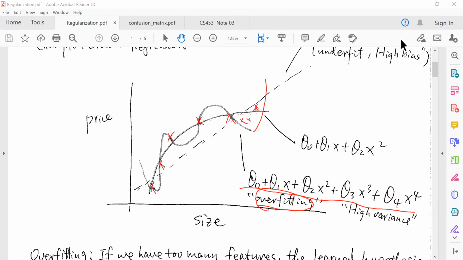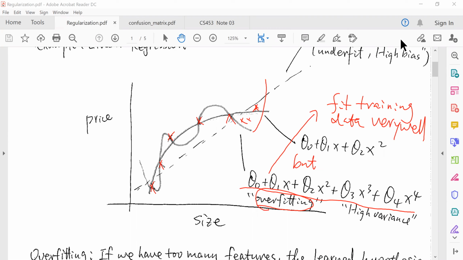This is overfit. Overfit means fitting the training data extremely well, but not good on new data.